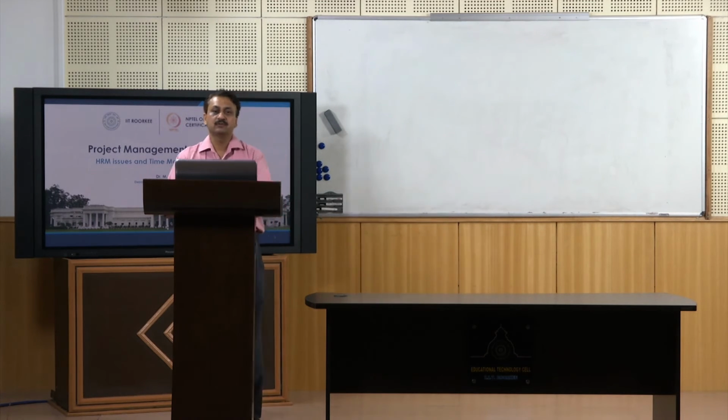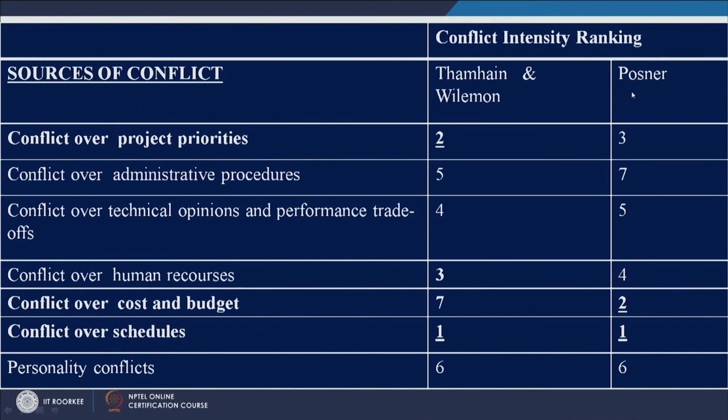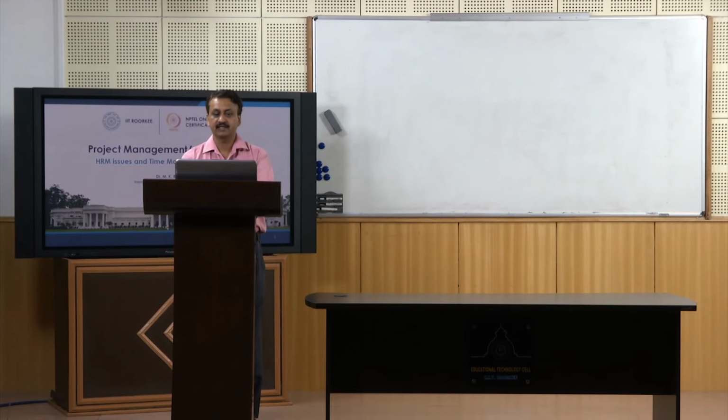Now, you can do research on what the reasons for conflict are. There are two studies, first by Thamhain and Wilemon, and the second study by Posner. They did a study to find out the reasons for conflict, and they came up with interesting findings.